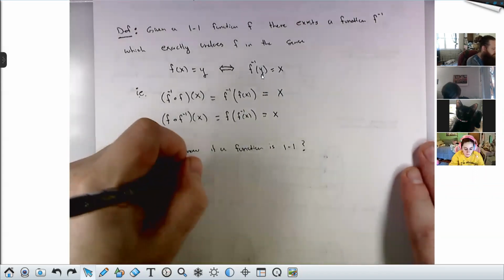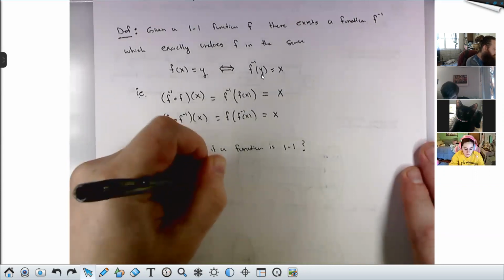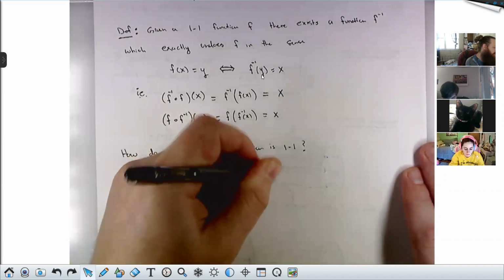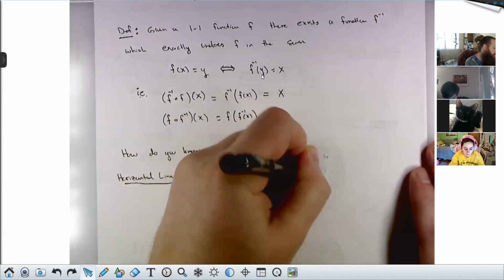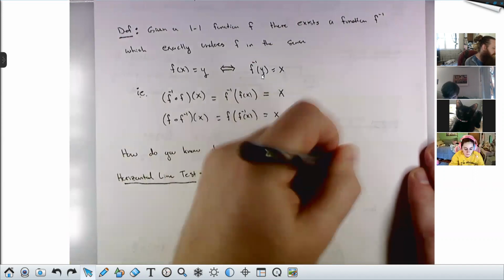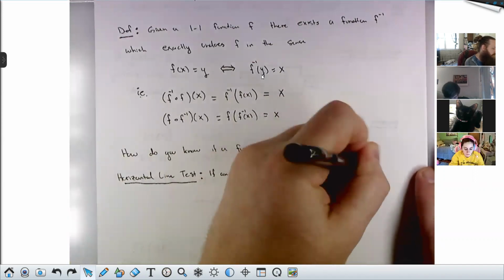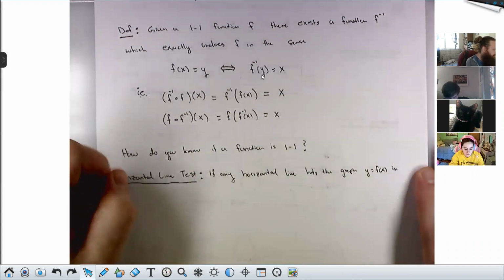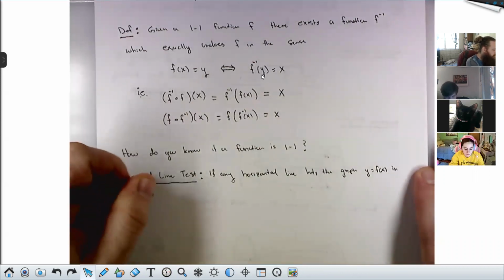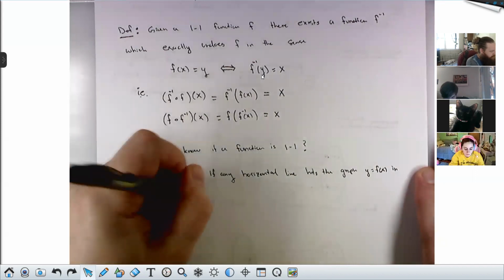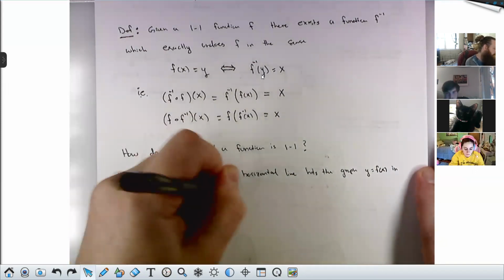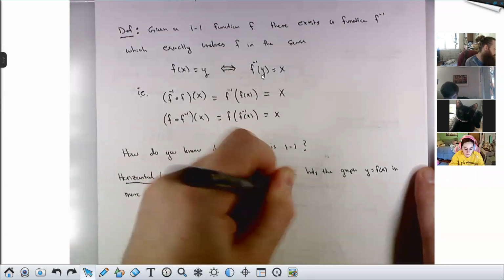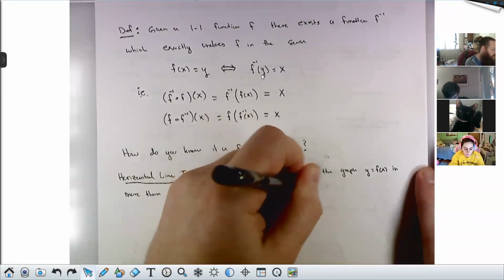Which says if any horizontal line hits the graph y equals f of x in more than one place, then f is not one-to-one.